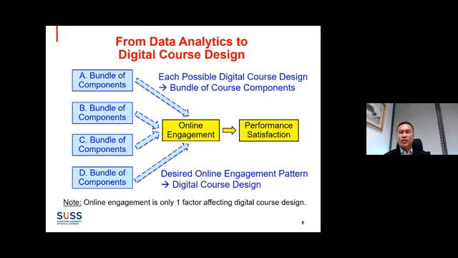Universities have closed their physical classes, and we do not know for how long we have to have online courses in universities. And of course, we should bear in mind also the demand side and the supply side of this move from conventional courses to digital courses. Digital courses will be here. How do we best design them? And what do we mean by best design a digital course?